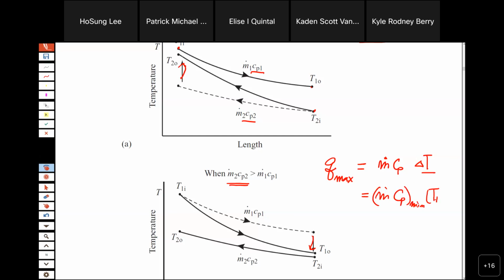What is the i? I is I, like as in inlet. Yes, inlet. I was just wondering, if one of the Cps is unknown, is there a way to tell that from the temperature difference? Yeah, what would be the maximum possible temperature difference? T1i minus T2i.